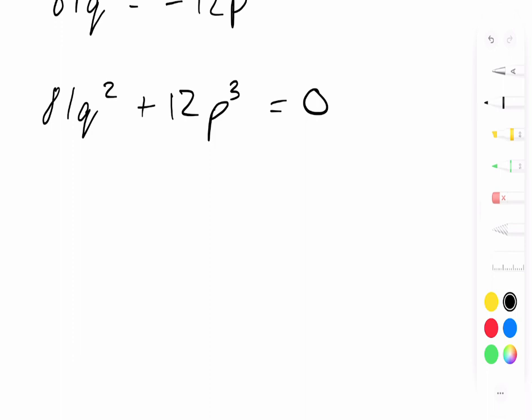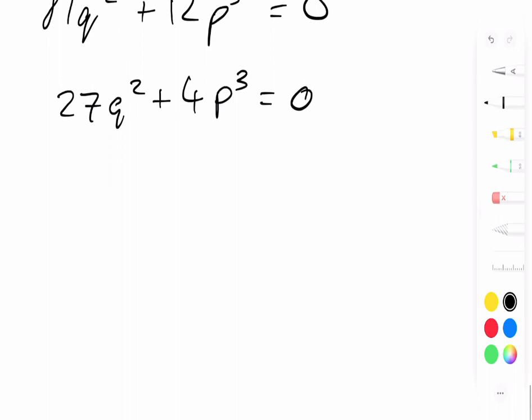Divide both sides by 3, and that will give me 27q squared plus 4p cubed is equal to 0. Divide both sides by 4, and at the same time divide both sides by 27.